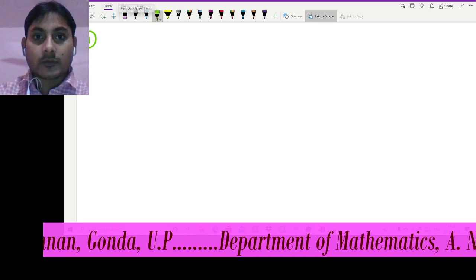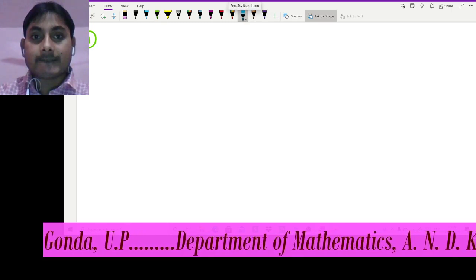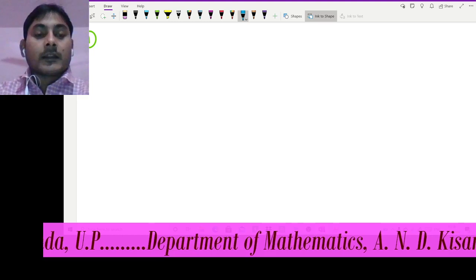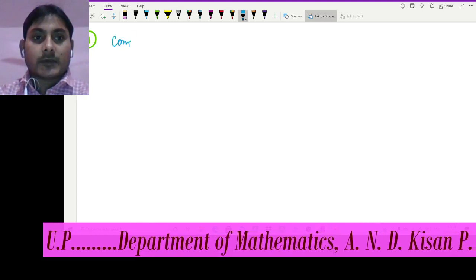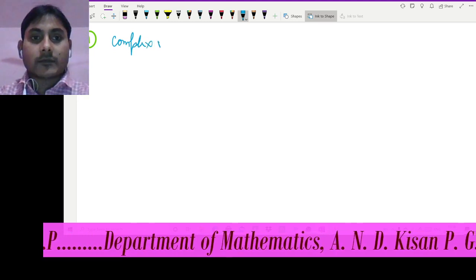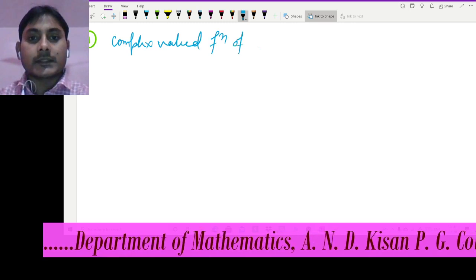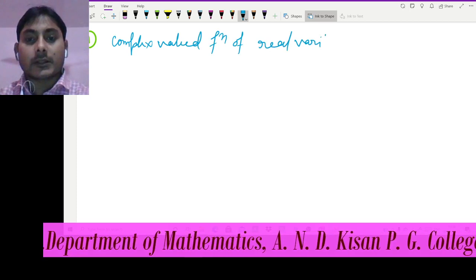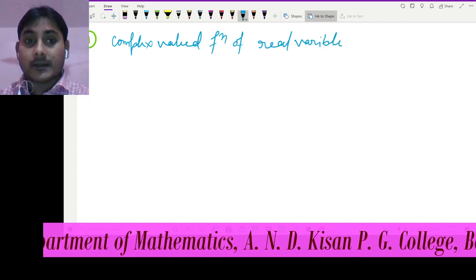What are these functions? The first one is a complex valued function of a real variable, which we have already defined, and we have defined not only the limit but also differentiability.